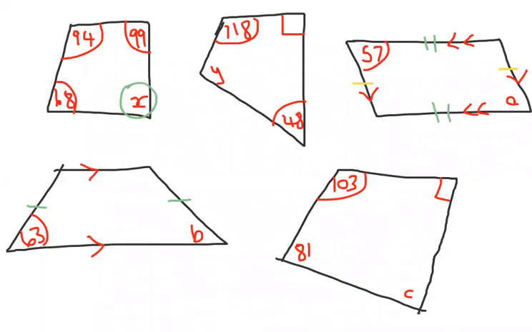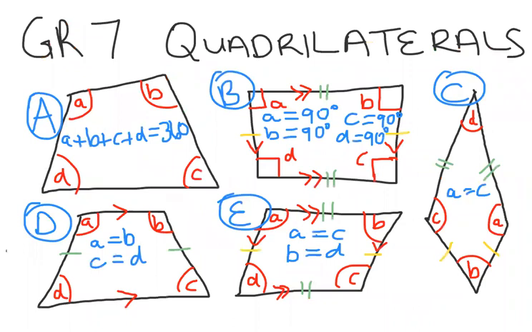All the angles add up to 360. So you have X plus 68 plus 94 plus 99, and all of that equals 360. If you look on your other page, that will be diagram A. So let's just go back to diagram A. All the angles equal 360. So we're going to use that.